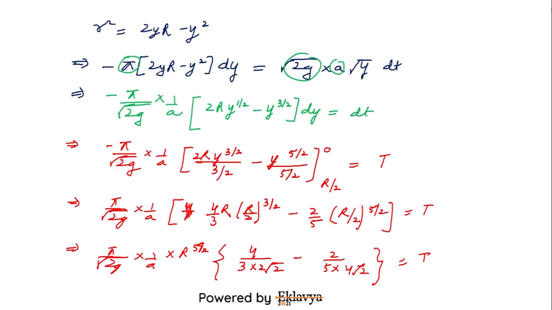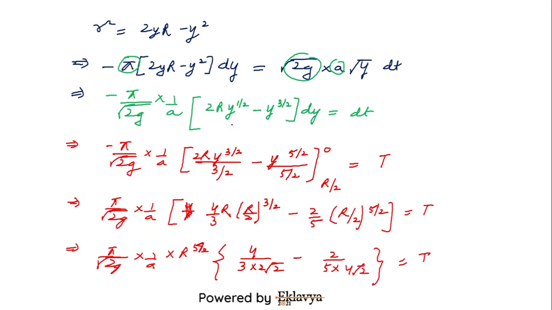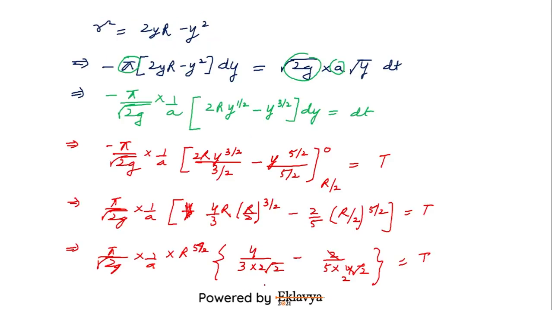So pi by root 2g into 1 upon a into r raised to power 5 by 2 into, now 2 root 2 can be pulled out. So this is gone and this is gone. So we are now left with 4 by 3 minus 1 by 5, which is equal to t.